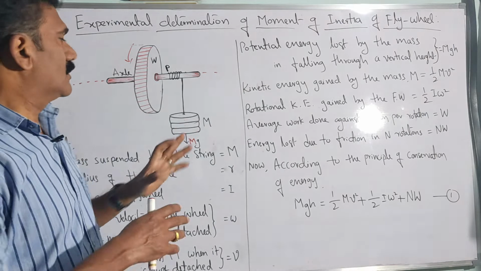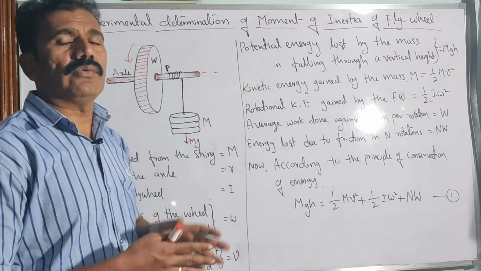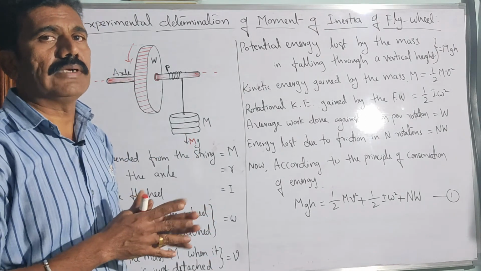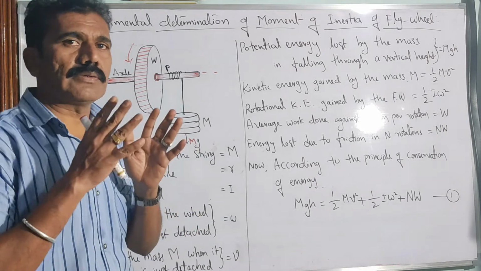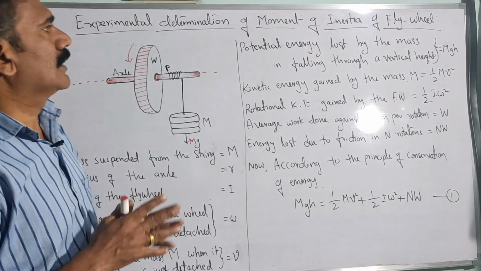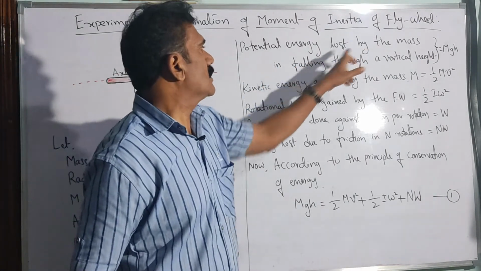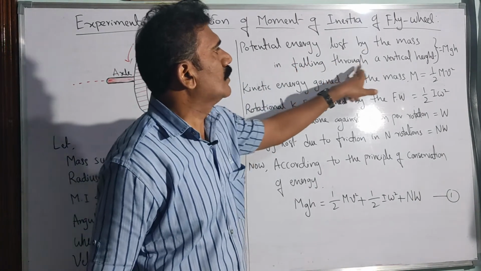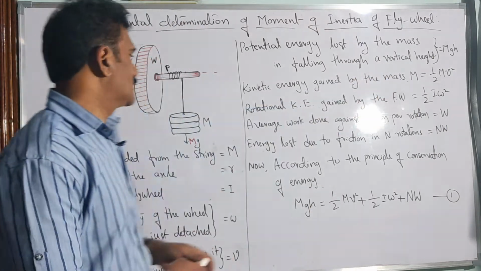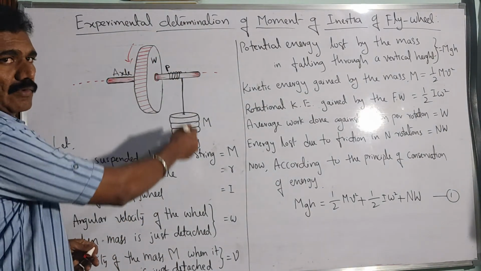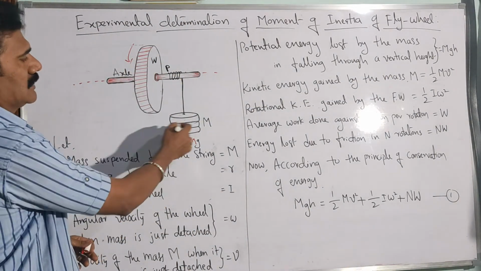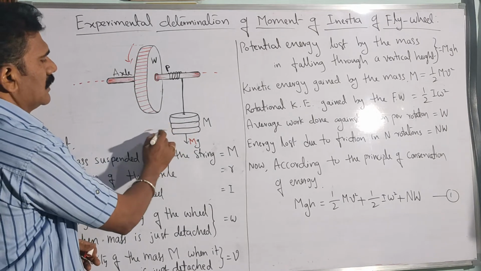Now look at here, potential energy. When the wheel starts rotating, before rotating, what is the energy? When it is at rest, you have to consider that it has potential energy, right? So you can write the equation for the potential energy lost by the mass in falling through a vertical height. It may be falling downwards, so through that height, how much from this rest position is it falling downwards?